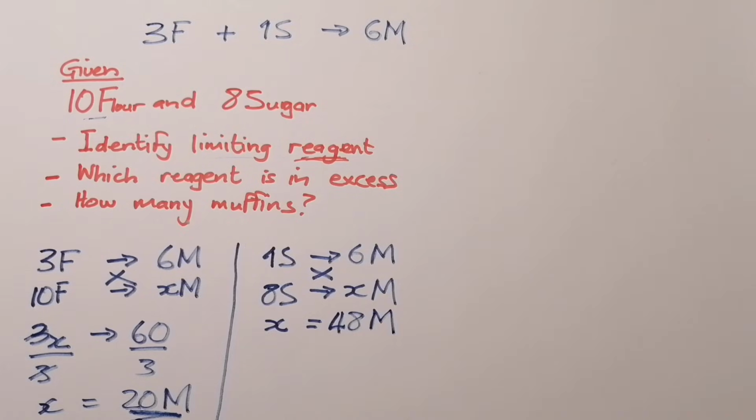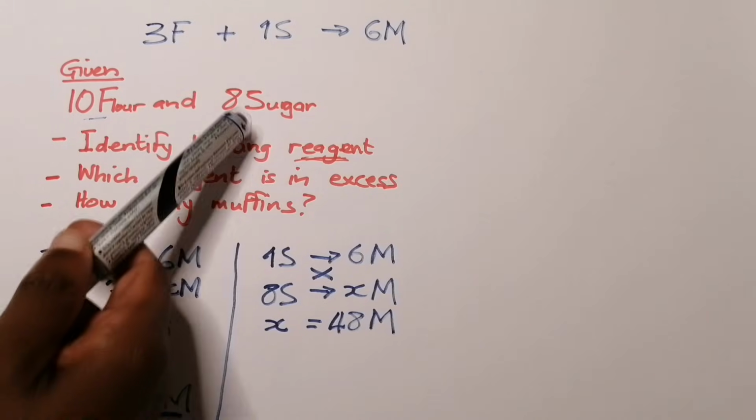Okay. Now, ladies and gents, I want you to please listen to me carefully, right? So now, between the two, flour can only produce 20 muffins. The amount of flour that I have can only be able to produce 20 muffins.